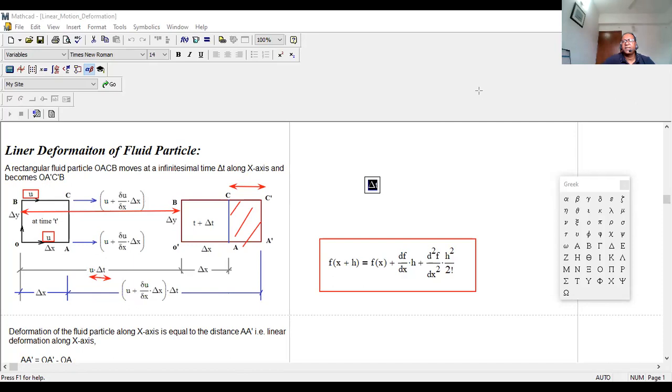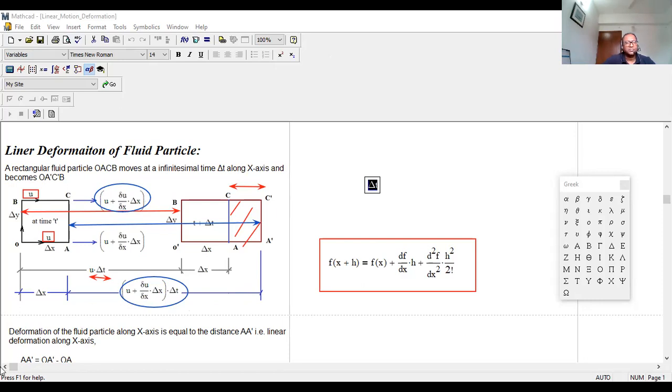Line AC travels from here to here. So what is the blue color distance? That will be this much, right? From here to here. We can easily figure it out because its velocity is this one. If velocity is this one, then you multiply it by delta t, you get the total distance.